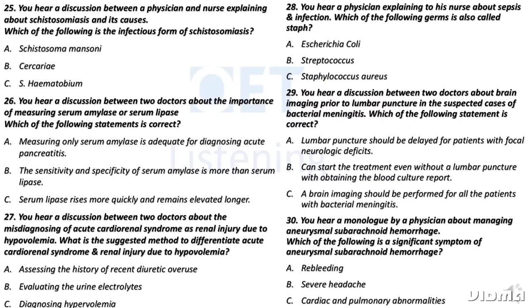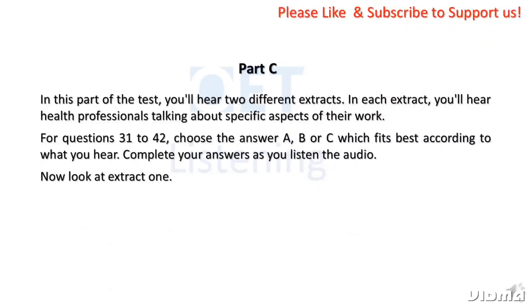This is the end of Part B. Now look at Part C. Part C. In this part of the test, you'll hear two different extracts. In each extract, you'll hear health professionals talking about specific aspects of their work.